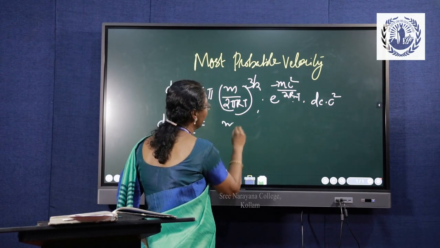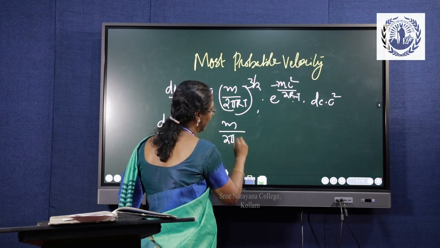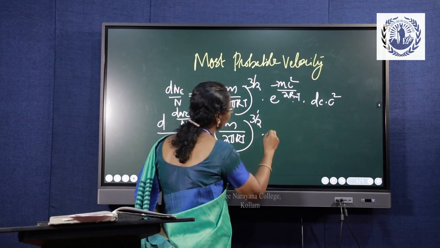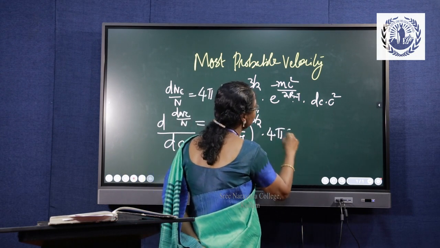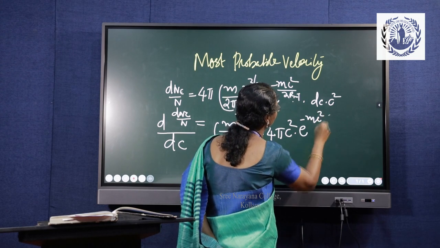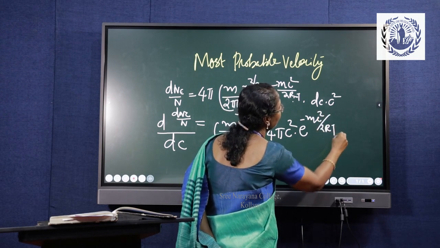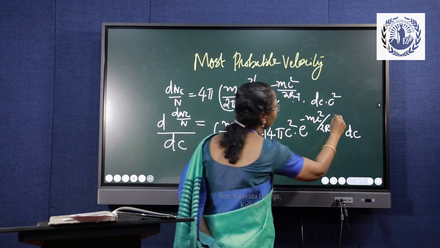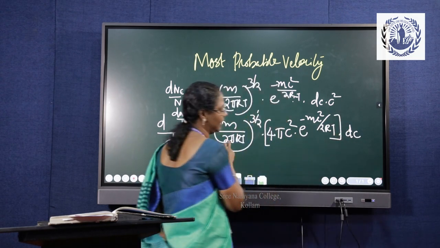So (m by 2 pi RT) raised to 3 by 2 into 4 pi c square into e raised to minus mc square by 2 RT into dc. Here we are going to differentiate only this term because the rest is a constant.